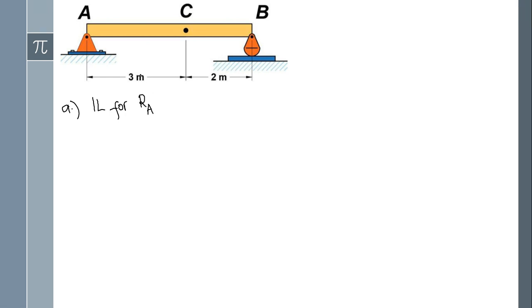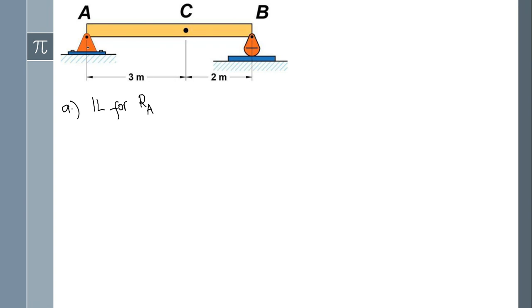So I think these are the steps. First, we remove the support or the reaction, at the point where we want to get the function, whether it be reaction, moment, or shear, depending on what is being looked for. We remove the resistance to that function. So for letter A, what we need to solve is the reaction at A, meaning at point A we remove its capacity to resist that movement.